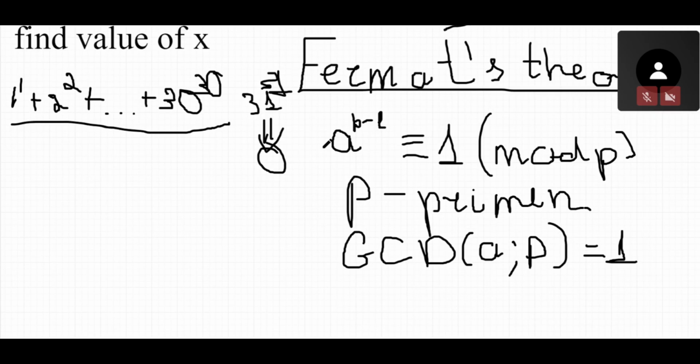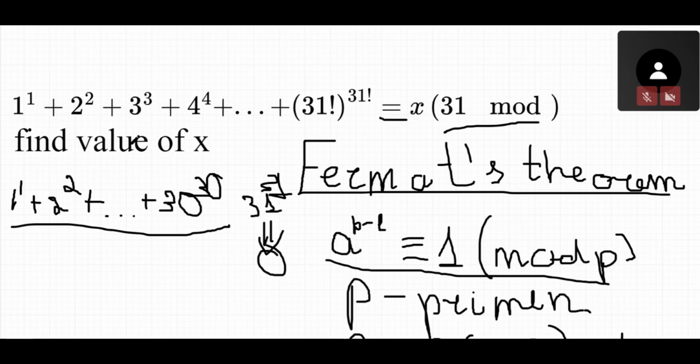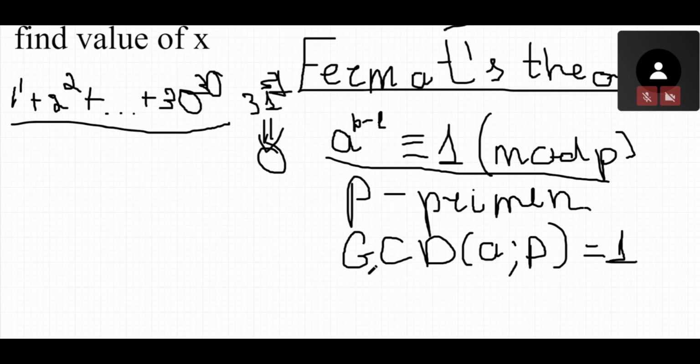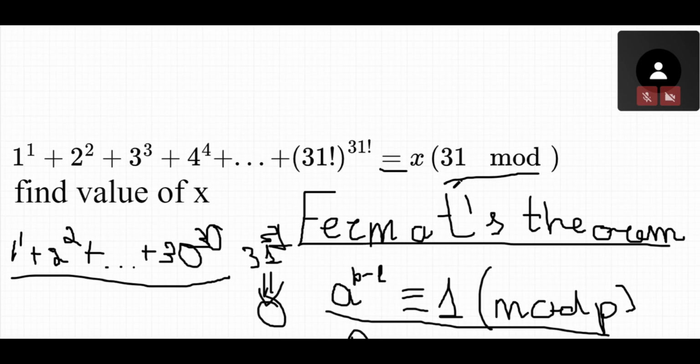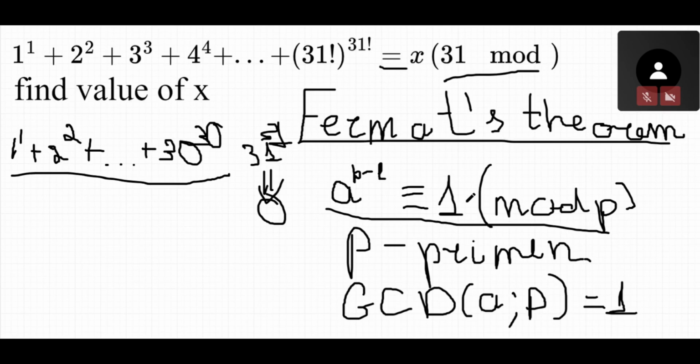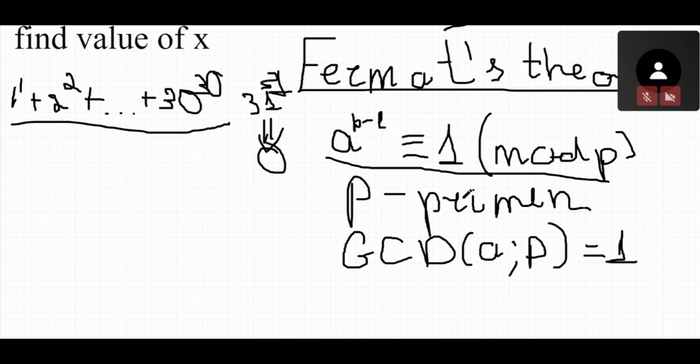And we know that we will use Fermat's theorem, and for every number from 1 to 30, the GCD with 31 will be 1, and 31 is a prime number, which is good for us.